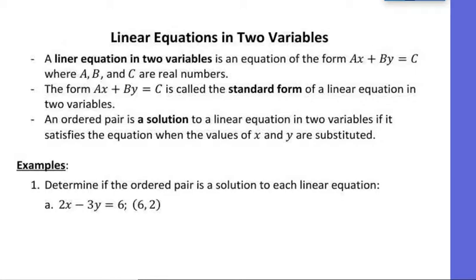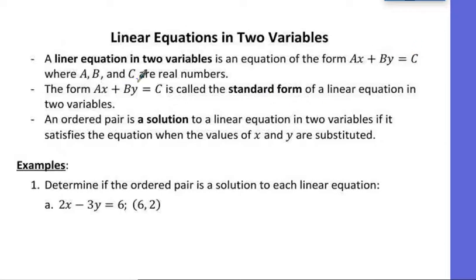So now we'll take a look at linear equations, this time in 2 variables. In previous units, they've only been linear equations in 1 variable, but now we have an x and a y. The equation ax plus by equals c is going to be our standard form.